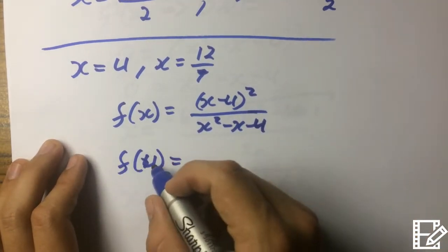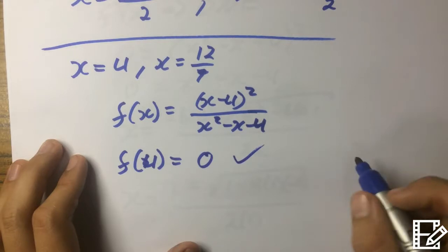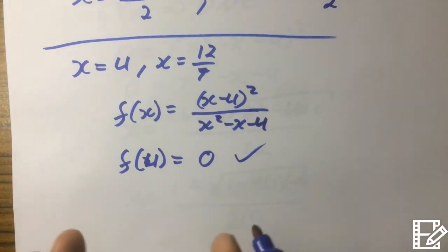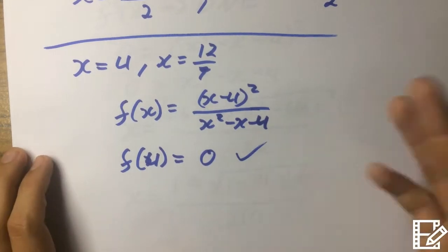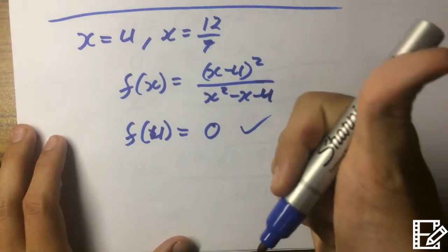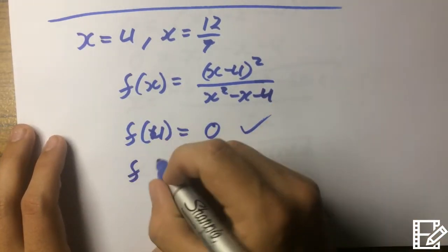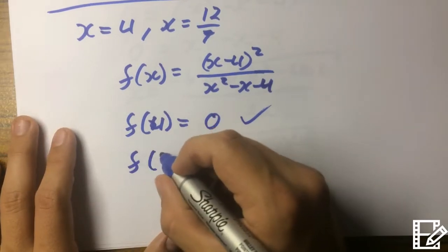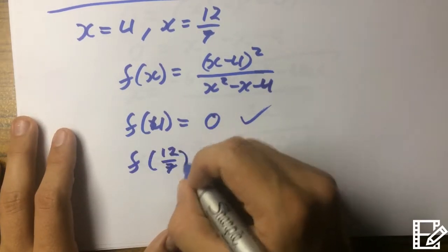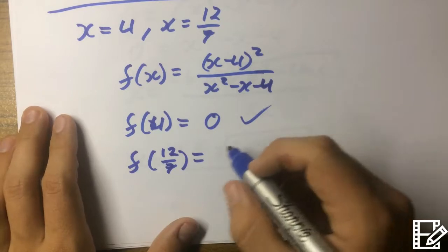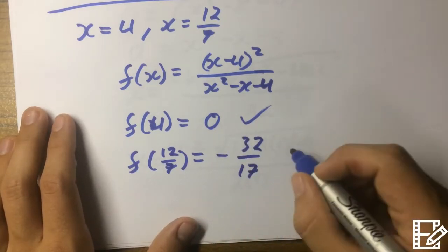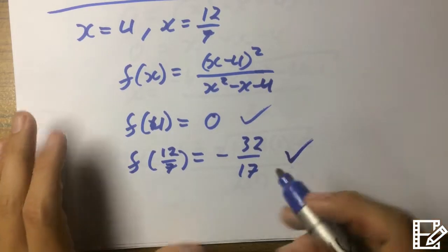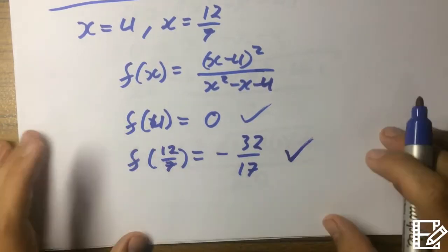But if you sub in 4, you get 0, which is correct because it may be 0, but it's still defined as 0, so it exists within the domain, which is good news. If we sub in 12 over 7, we get negative 32 on 17, which is still a tick because we got something. It's still defined.